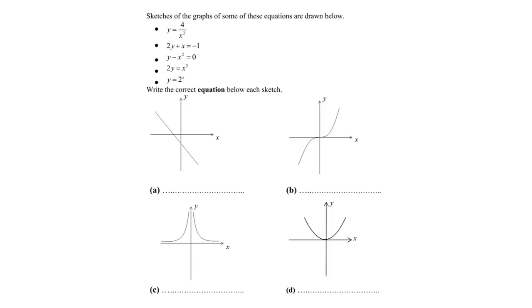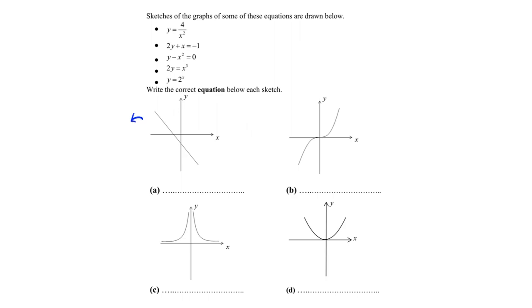Hello everyone, welcome to this video where we are given 4 different sketches of the graph and we are required to match the correct equation for the graph. Okay? So, for the first graph, I saw that it is actually a straight line graph.